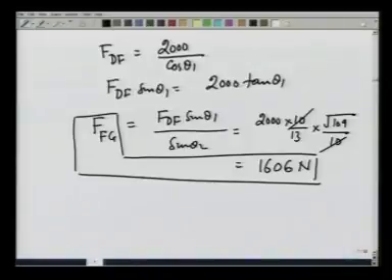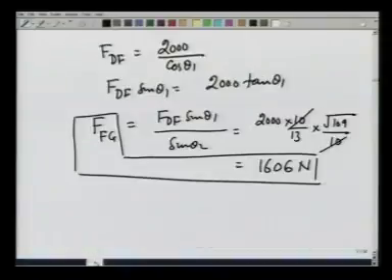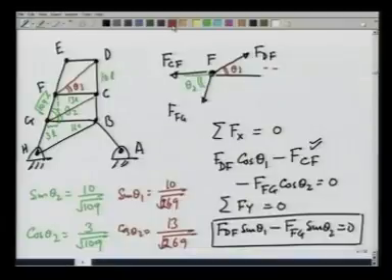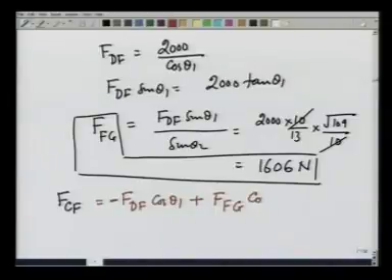Having found F_FG, we can now calculate F_CF also, because F_CF then is going to be, from the previous equation, F_DF cosine theta 1 with a minus sign plus F_FG cosine of theta 2.